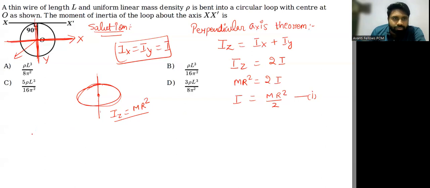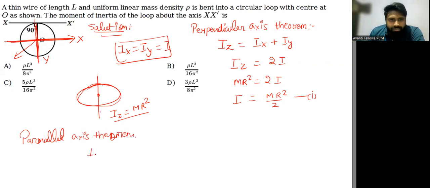Now parallel axis theorem. So we need to calculate the inertia about the x dash axis, xx dash. So inertia about xx dash is nothing but inertia about the center of mass, which is this axis.